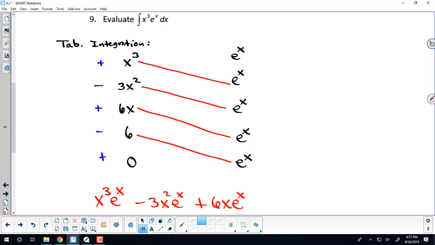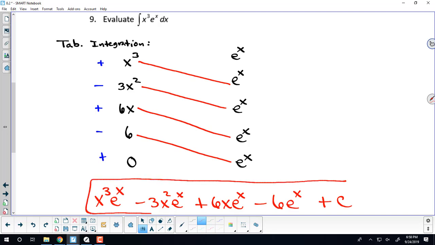Minus 6 e to the x. There's nothing else to cross, so with that one we know we're done there. Just add our constant. That's it.